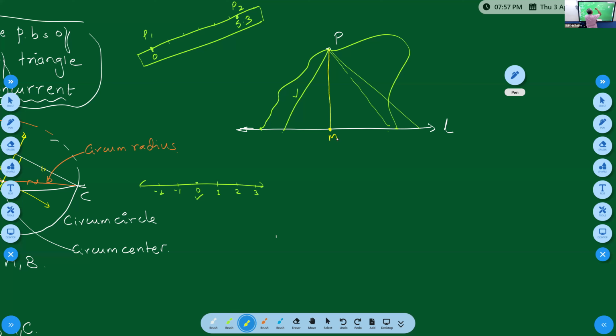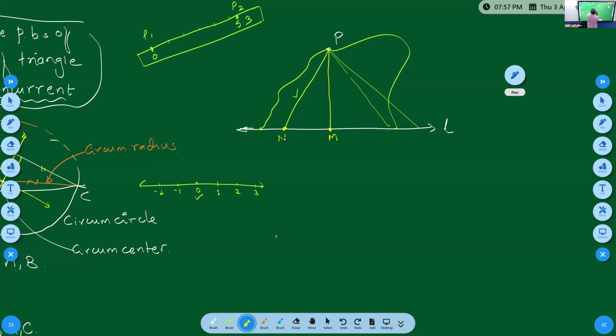Of course, if you draw a curved line, it is going to be bigger. So why PM will be the shortest is a question. Suppose PM is not the shortest. How can we prove that PM must be shortest? And the proof is very simple. Let N be any other point and join PN.